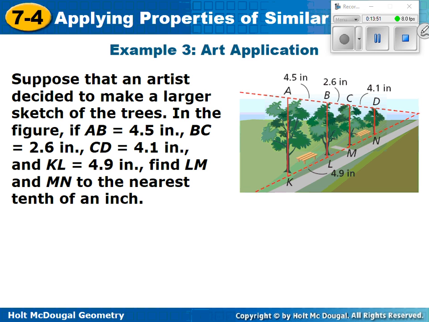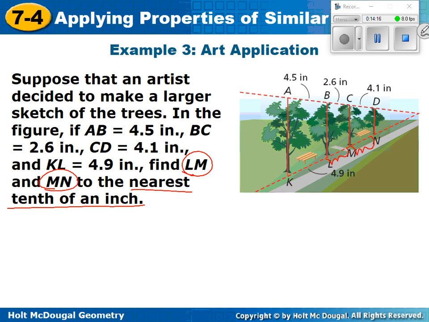Notice they've already marked it. BC is 2.6. CD is 4.1. KL is 4.9. They want us to find LM and MN to the nearest 1/10 of an inch. So we get to round. We're looking for LM and then MN. That's our goal. What are the parallel pieces in this picture?